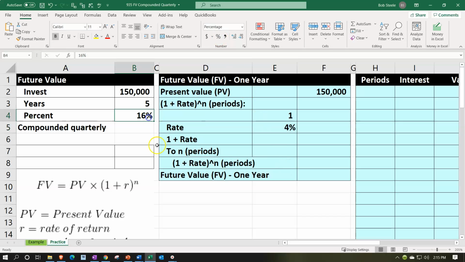Now note, this is a fairly high percent, so even when we break it down to quarterly, which would be like the percent for a 3-month time period, because there's 4 quarters of 3 months in the year, it's still something that's fairly high, a 4%. But just note that if you had something over here like a 2%, and you look at the quarterly amount, it's going to be something much smaller over here.